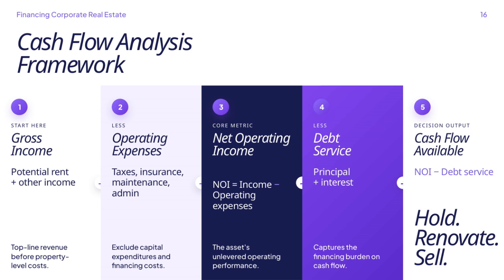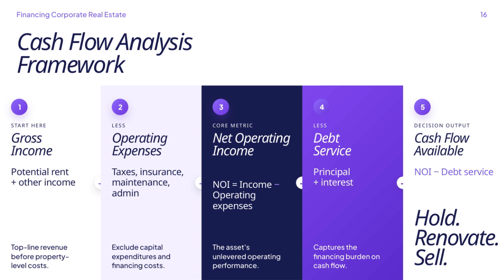After subtracting operating expenses from the gross income, we arrive at the net operating income, or NOI. This is a critical metric because it reflects the asset's unlevered operating performance, showing how well the property generates income from operations alone. Then, we consider the debt service, which includes both principal and interest payments on any loans associated with the property.